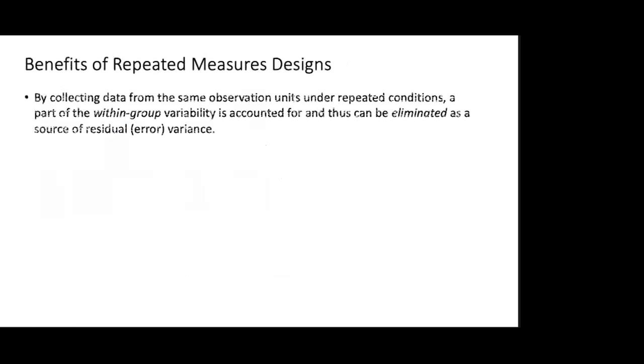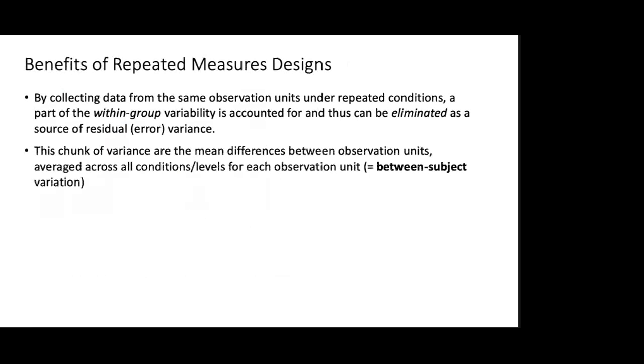Okay. So there are several benefits to repeated measures designs. The first one is that any within group variability is accounted for, and we can thus eliminate that as a source of residual error variance. So basically the differences between participants, we can just forget about them, right?